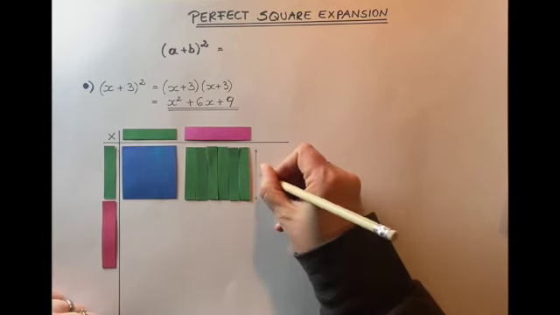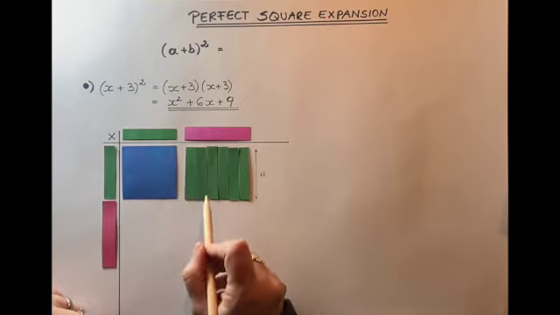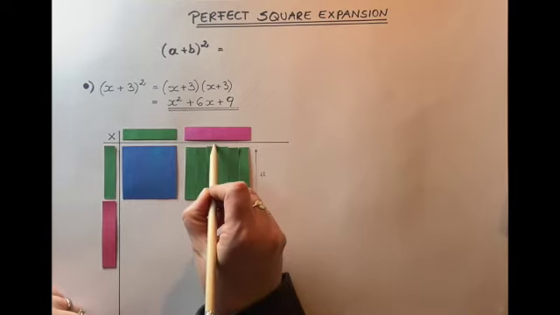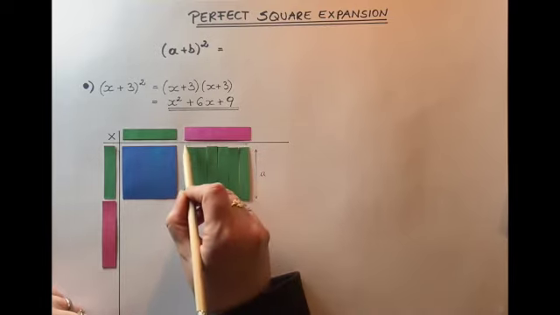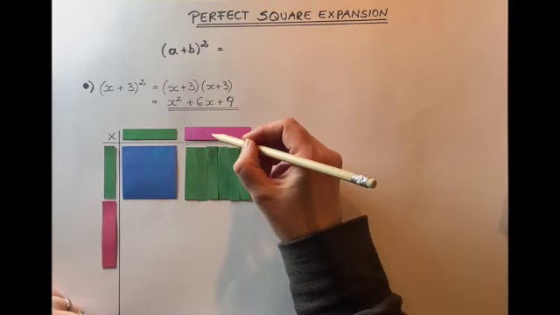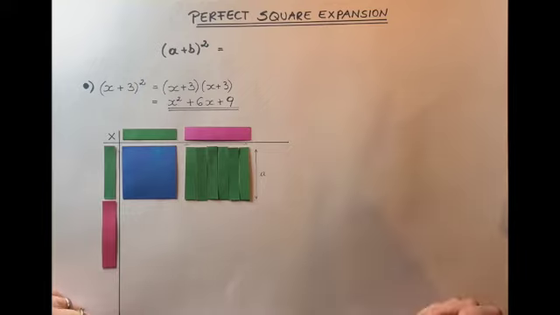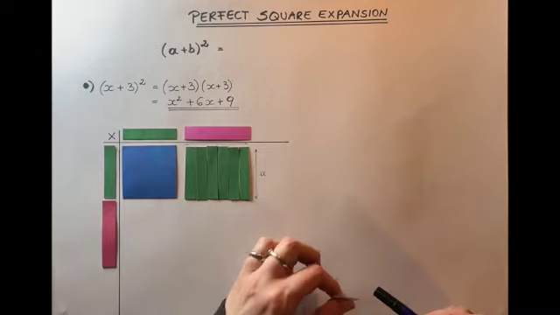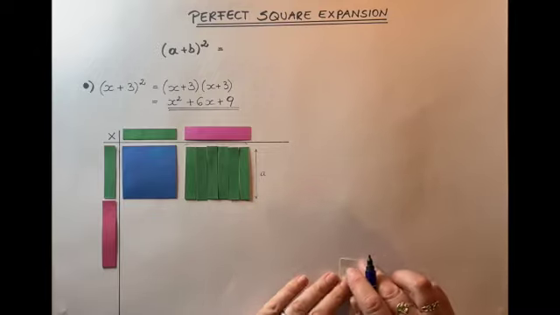of a and a width of b, right? This is our b, right? So what we can do is give this rectangle a label, because this rectangle is now ab.